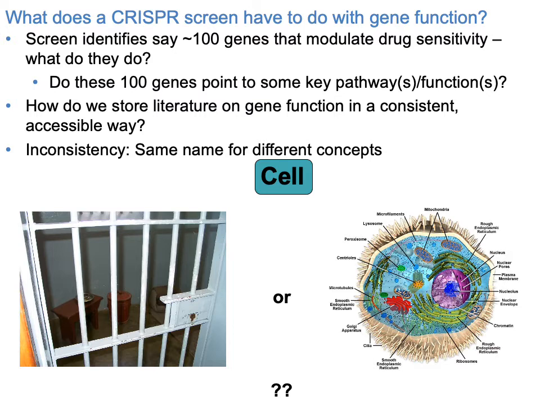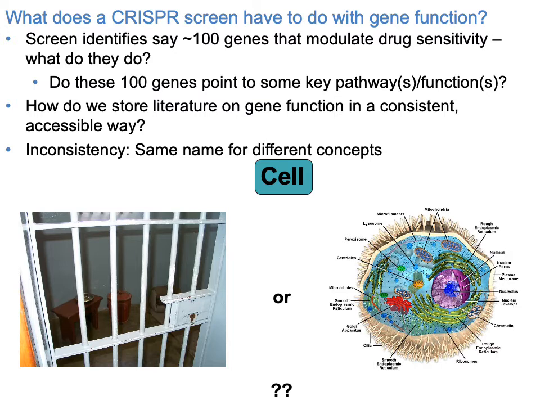And so one of the main problems with asking this question is, if you want to, in an unbiased way, look at a set of genes out of some CRISPR screen and ask the question, are these genes involved in some pathway or function? You of course need some kind of database to tell you, okay, well, this gene is previously characterized as performing function X or function Y and so on.